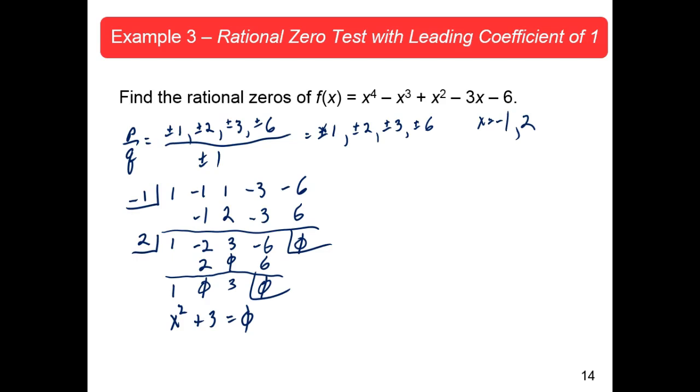Then when you divide again, it drops down to x squared, x, constant. So x squared plus 0x plus 3 equals 0. You're finding the rational zeros. No more rational zeros. They're all complex with imaginary parts to them. So you did it.